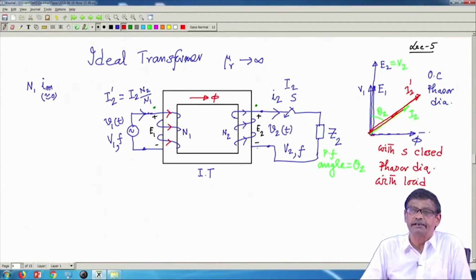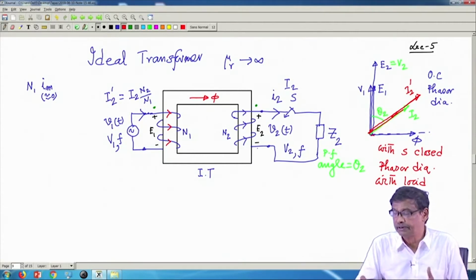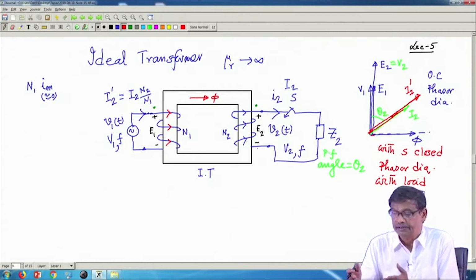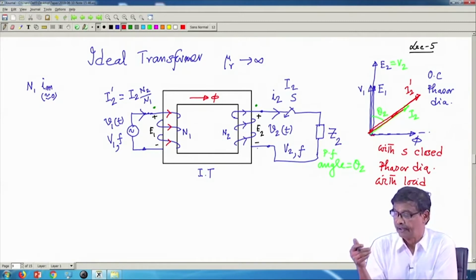Load can only be connected on the secondary side. So, in simple terms, this is the phasor diagram of an ideal transformer under no load and loaded condition.